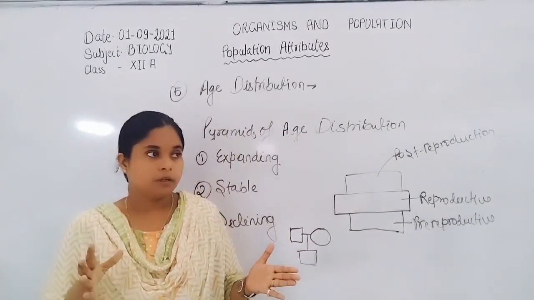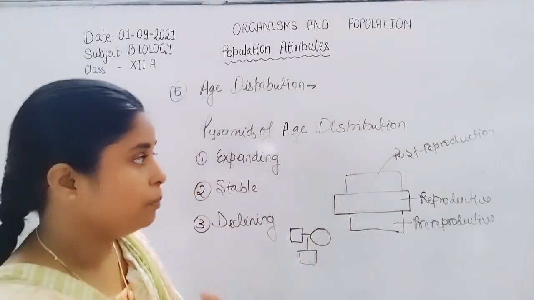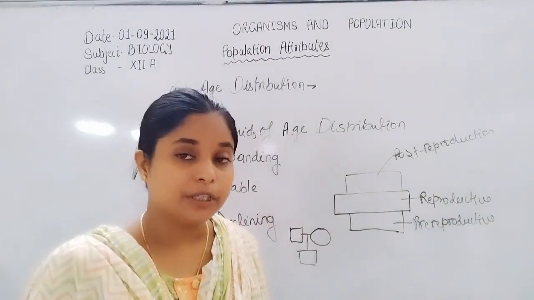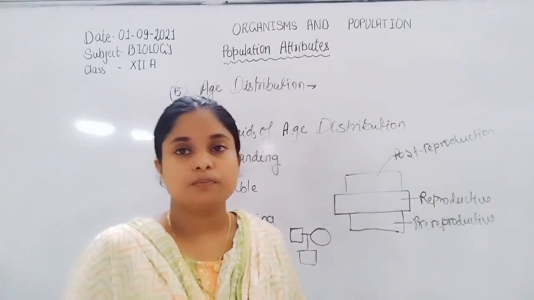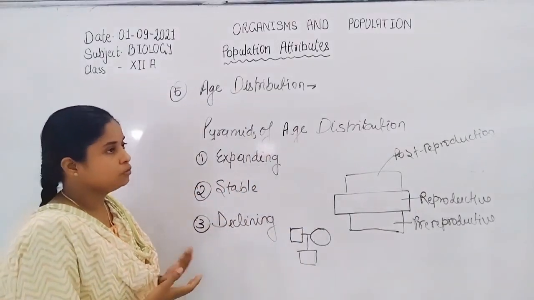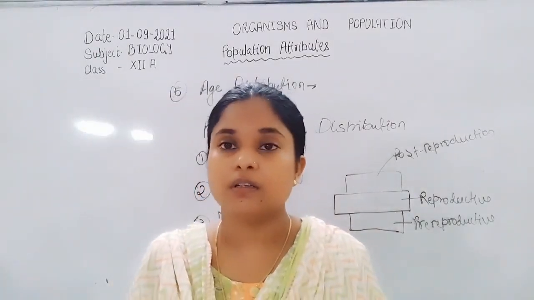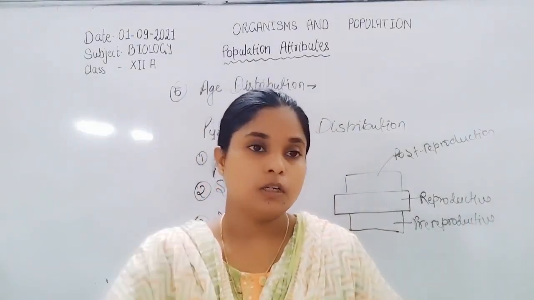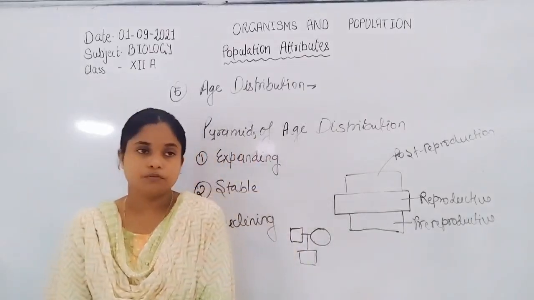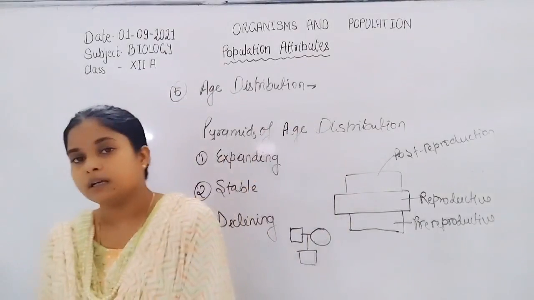It can also be calculated as per capita death, just as birth is calculated as per capita birth. And if you want to calculate the sex ratio, it will always be the same for different populations: 60:40 compared to female. The male is always less than the female, or the female is greater than the male.